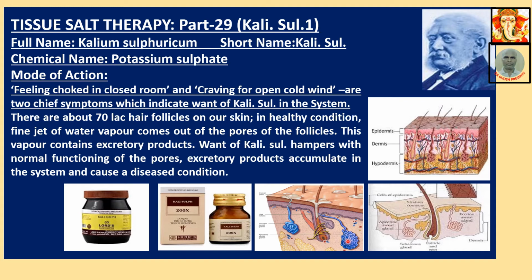There are also glands draining their excretory product through this opening. So this vapor contains excretory products, naturally, because these glands expire through these pores. Want of Kali-Sulph hampers the normal functioning of these pores.